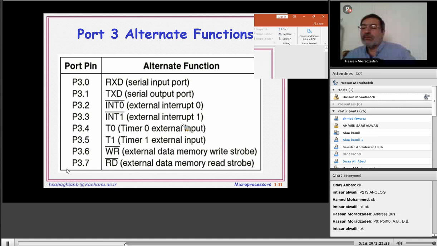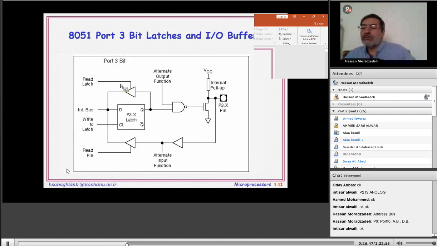This is the structure of the ports, okay. We have some problems for reading from the pin or from the latch, okay. This is the structure for reading: this buffer and this buffer, read from latch and read from pin, okay.